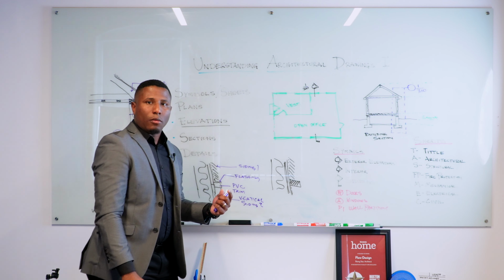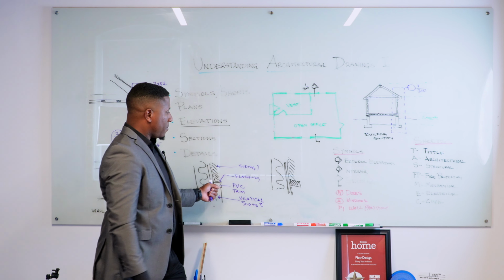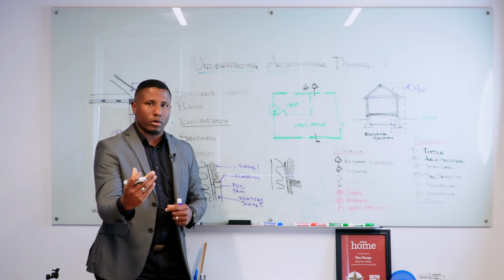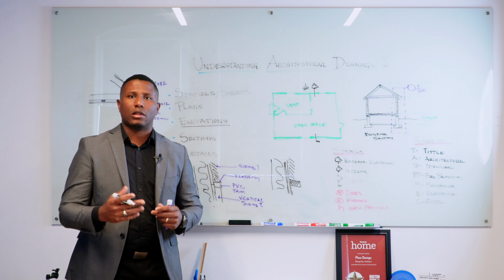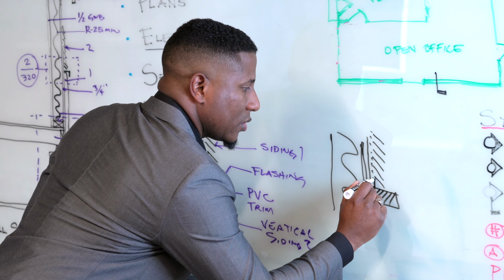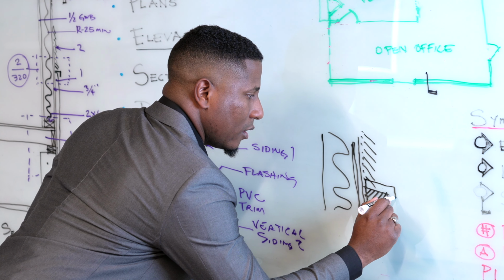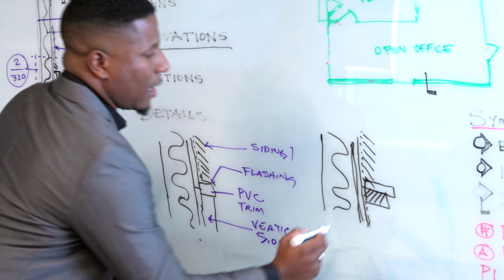And sometimes some masons like to put a trim that is made of stone. You've seen them all the time in commercial spaces and some residential. Sometimes they like to put a piece of stone that overhangs at that moment there.